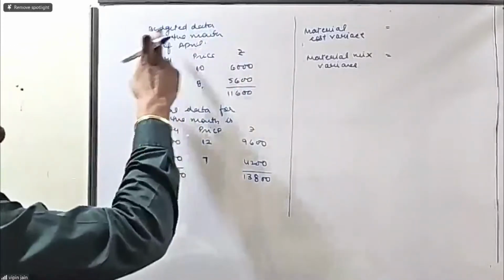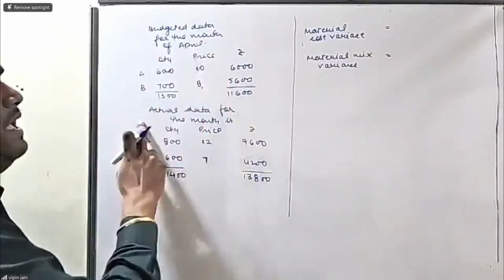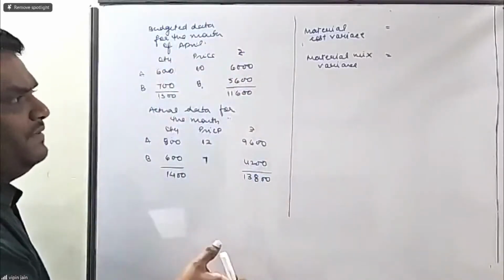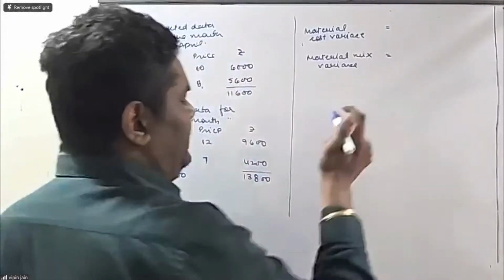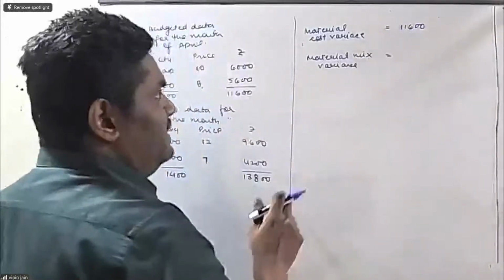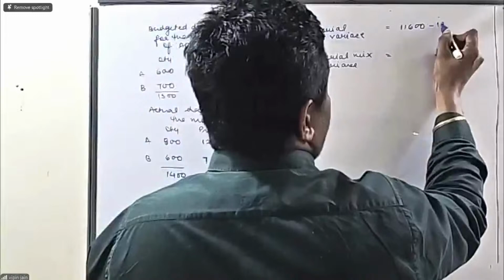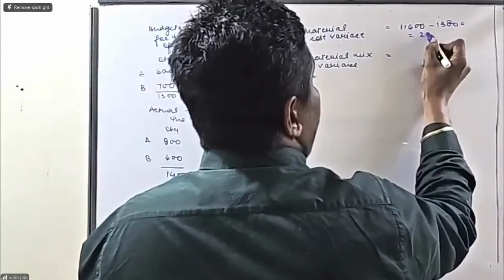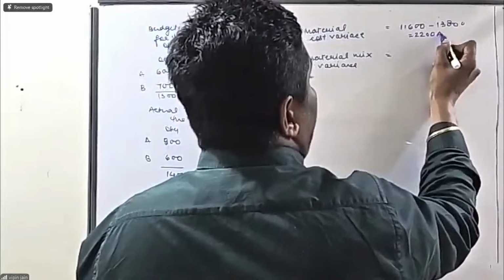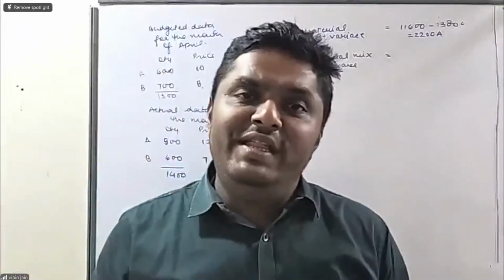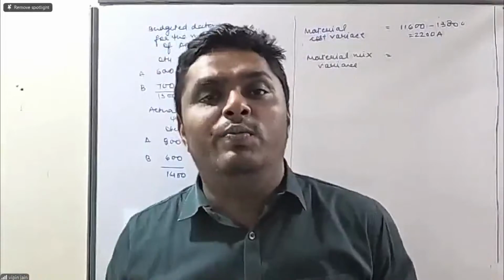See, simply it is given budgeted data for the month of April, actual data given for the month, the quantity is given and the price is given. So straight away we can calculate material cost variance. That is 11,600 minus 13,800. So this will be 2,200 adverse. Since no information is given in the question, we will assume that the output is same.